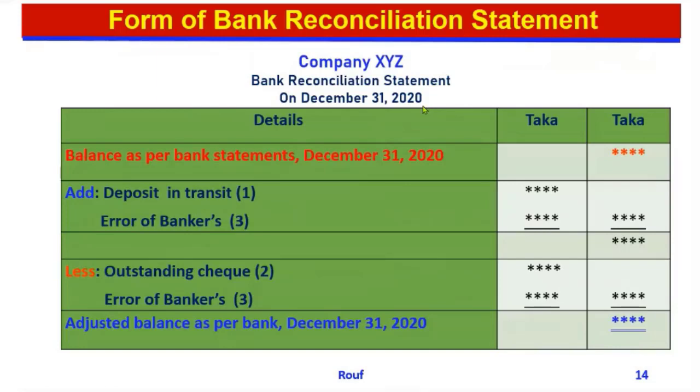First, we have to write the balance as per bank statement December 31st 2020, and this is the given balance of the bank statement. Then add deposit in transit, any type of deposit in transit check added, and deduct or less outstanding check.